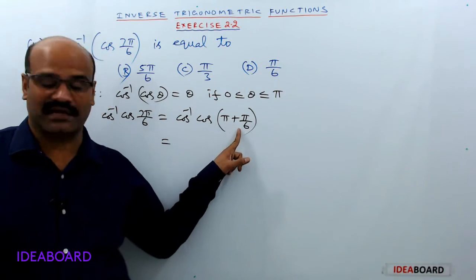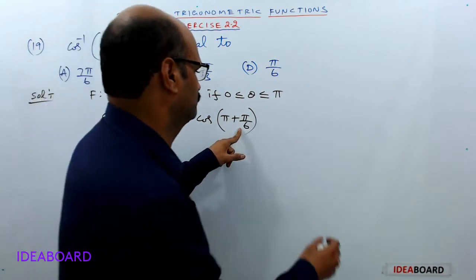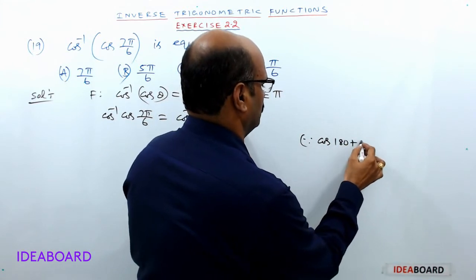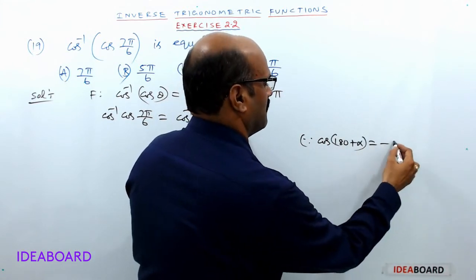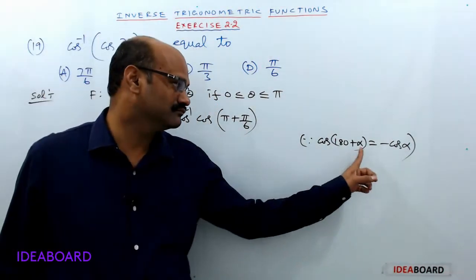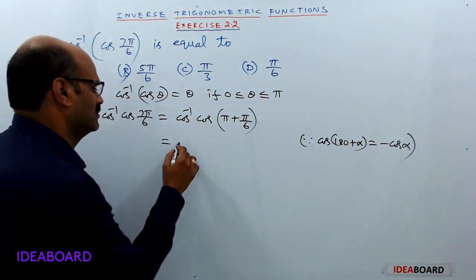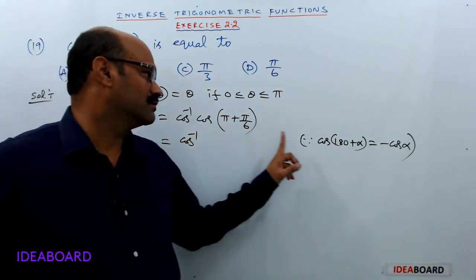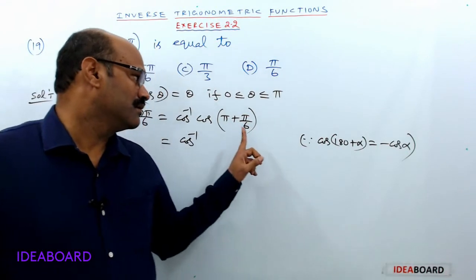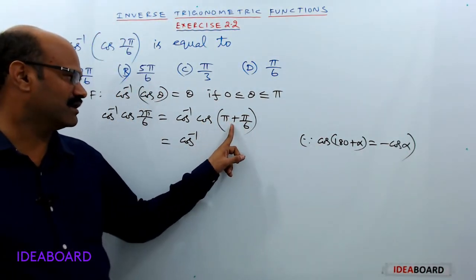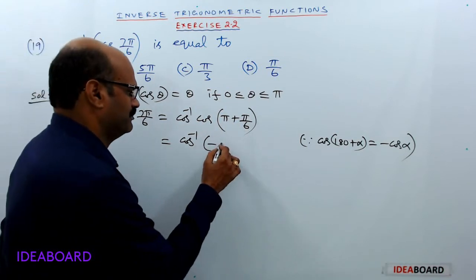Cos of 180 plus alpha equal to minus cos alpha. Then it's equal to cos inverse of, pi plus alpha equal to minus cos pi by 6.